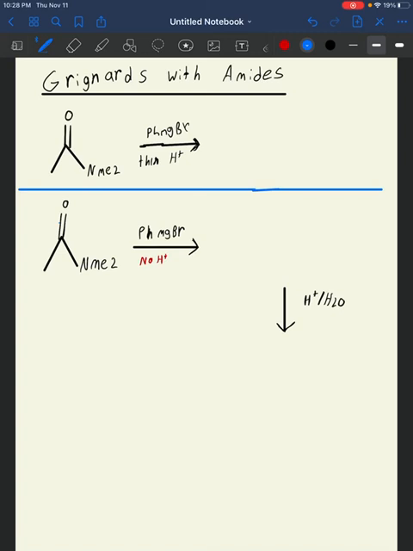So, looking at these amides, it basically follows the same reaction. Boom. Then add on your Grignard, which is Ph in this case. And then since we do have then H plus, now the only time these get a little different is when you do secondary reactions with these.